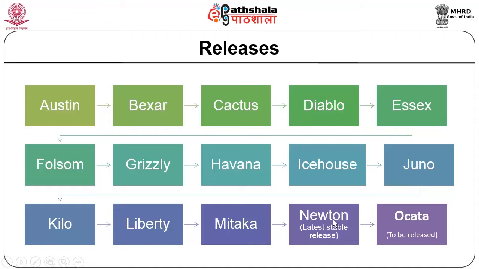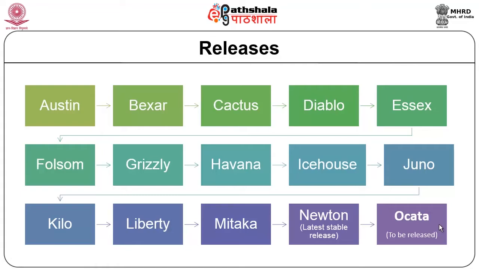So, this is another interesting fact on OpenStack. In the releases, they started with the release of Austin, and then they progressed through the various names, and as we can see, each name is actually the next letter in the alphabet, and this continues. Currently the latest release is Newton, which was released last year, 2016, and the next release is already named, it is Ocata, and that is being released.